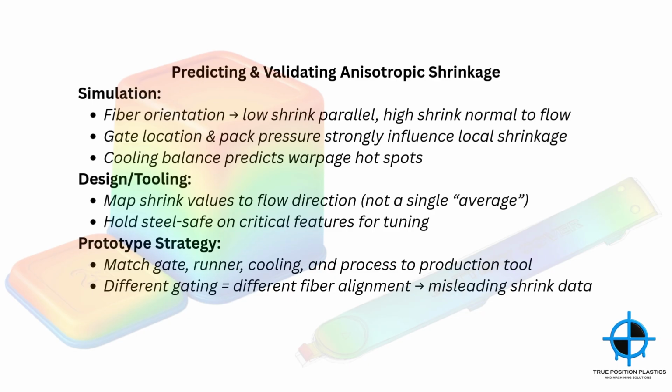It predicts how the fibers will orient themselves based on the mold design, the gate location, and the processing conditions, and from that, it predicts the resulting anisotropic shrinkage and, crucially, the potential warpage. It allows designers to visualize and correct for potential warpage before the expensive tool is even cut.